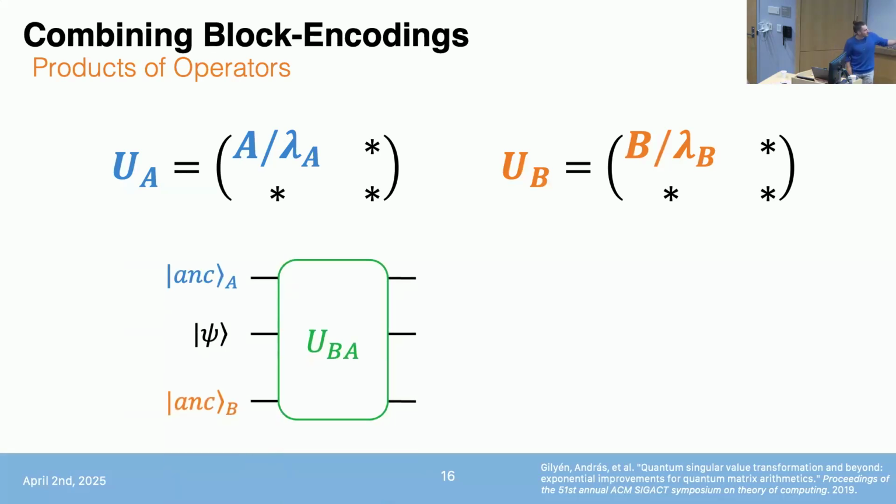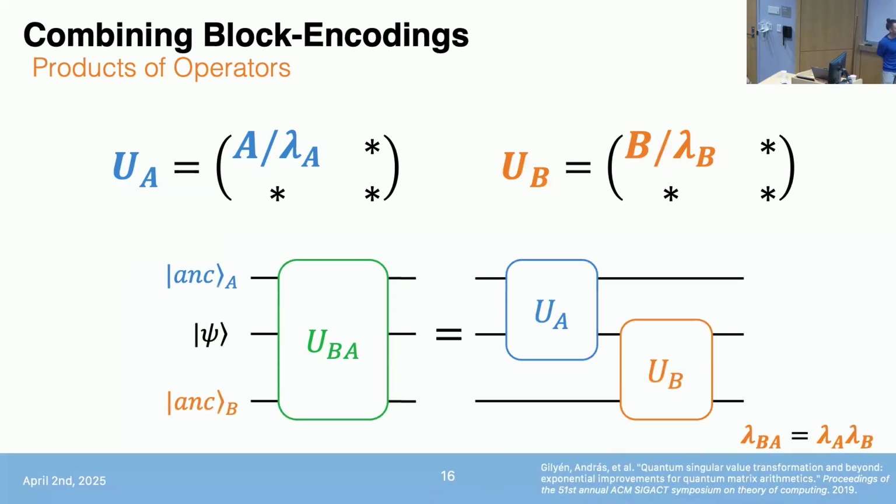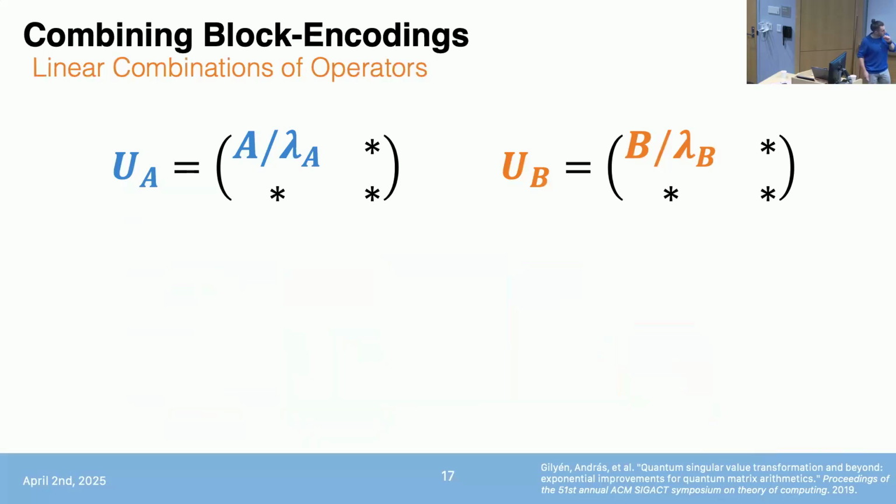If I want to block encode BA, so B and then A, one way I can construct this is using two ancilla registers and then just taking the product of those two block encodings. It's pretty simple, and the rescaling factor of this block encoding is just the multiplication of the rescaling factors of the two block encodings.